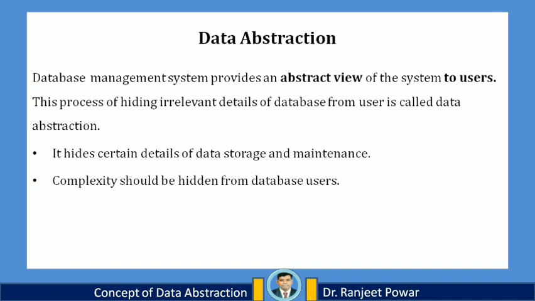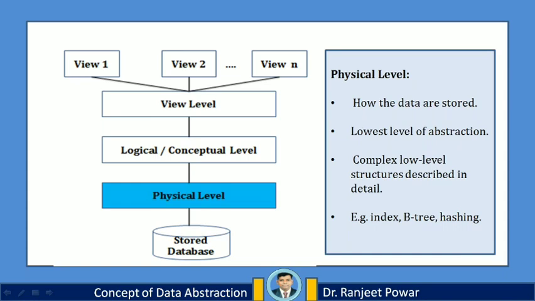DBMS provides three levels of data abstraction: physical level, logical level, and view level. So we will see these levels one by one. In the given diagram, you can see levels of data abstraction. The first level is physical level.